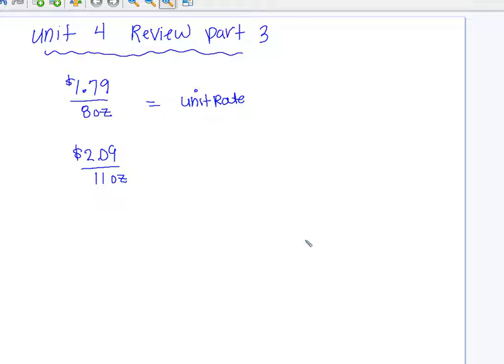Inga compares prices of different fruit at a grocery store. There's apples, plums, peaches. And apples, you can get 3/4 of a pound for $1.59.